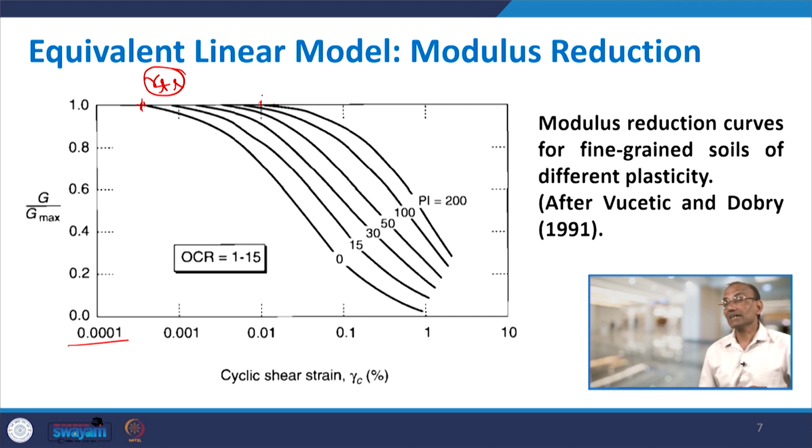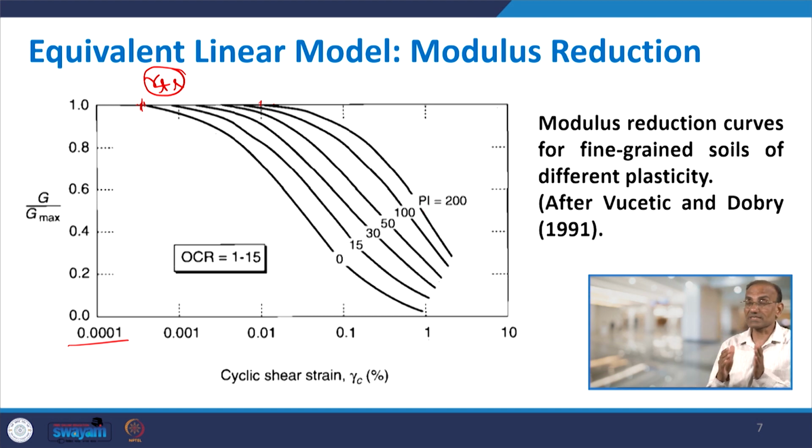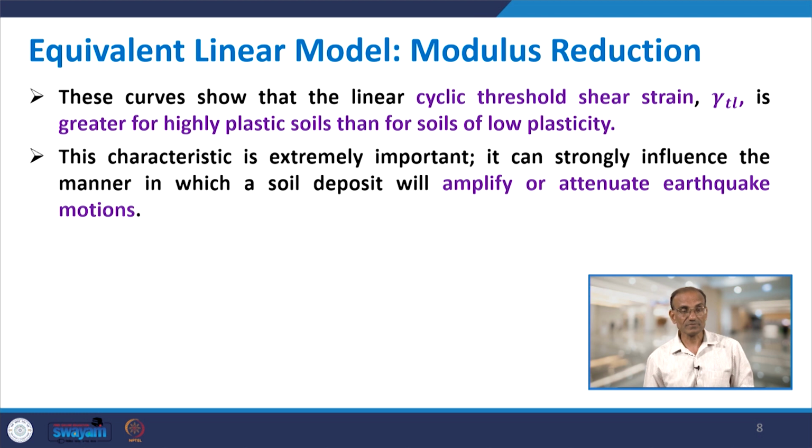That means as the plasticity index, PI, increases, the value of threshold shear strain increases significantly, which we are going to talk about again. These curves show that the linear cyclic threshold shear strain, gamma TL, is greater for highly plastic soils than for soils of low plasticity. So, it is greater for clay compared to sand.